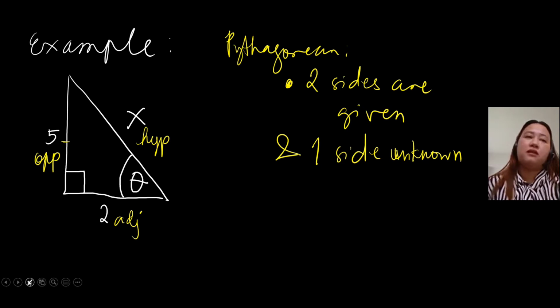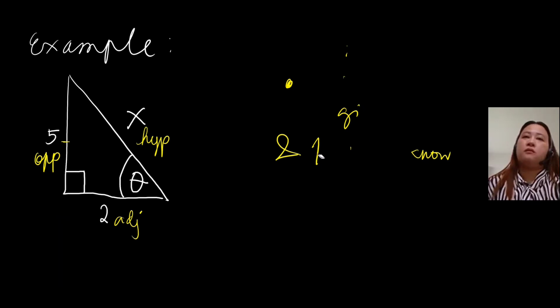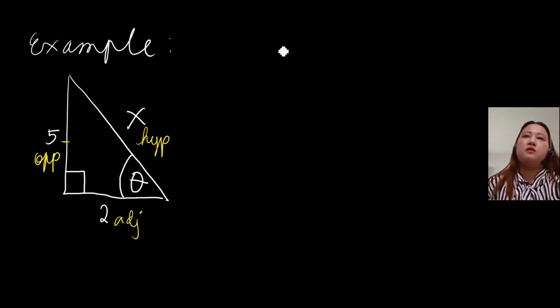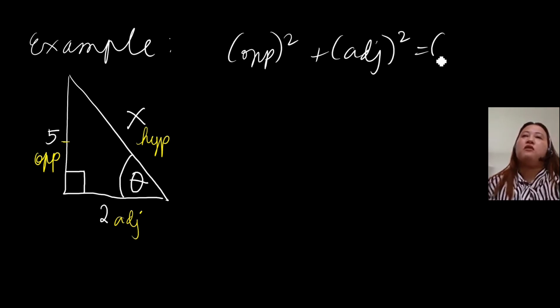I'll erase the writings on the right side. Let us use the Pythagorean theorem: opposite squared plus adjacent squared equals hypotenuse squared.